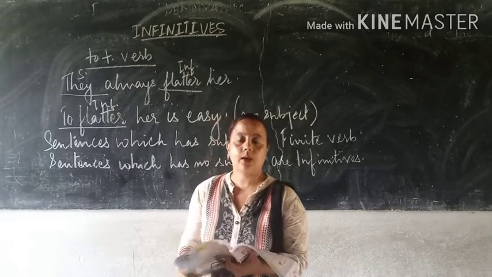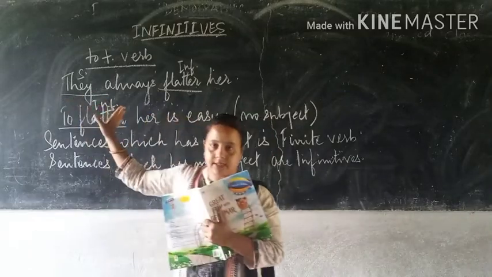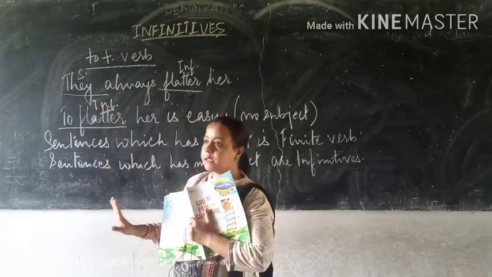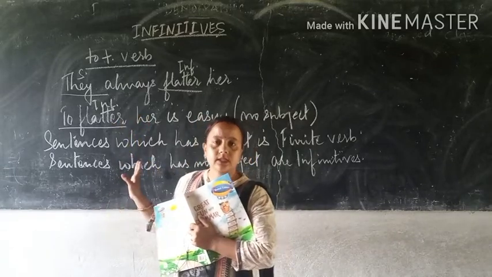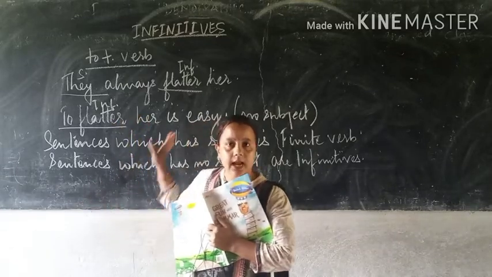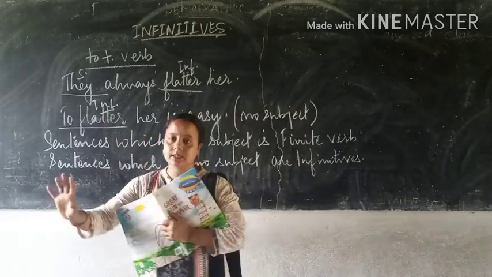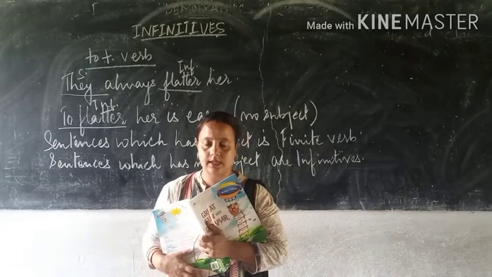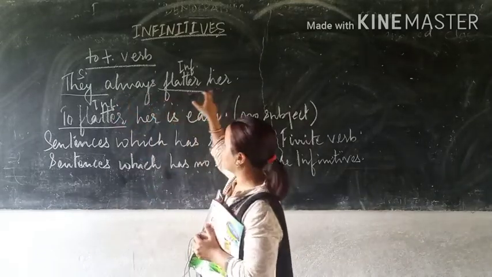And why is it called a finite verb? Because the word they is limited. Understood? When we talk about any person or number which is limited, those sentences are called finite verbs. They means some section of people. Similarly, Ram always flatters her.